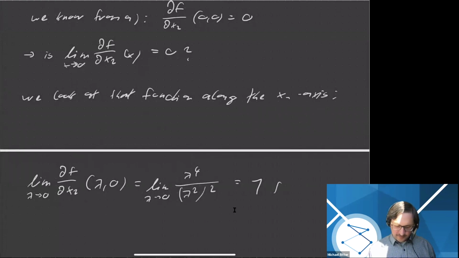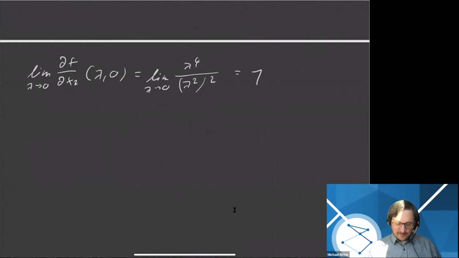So that means the limit is 1 if we're moving along that line, but we already know the partial derivative should be 0. So obviously it's not continuous.